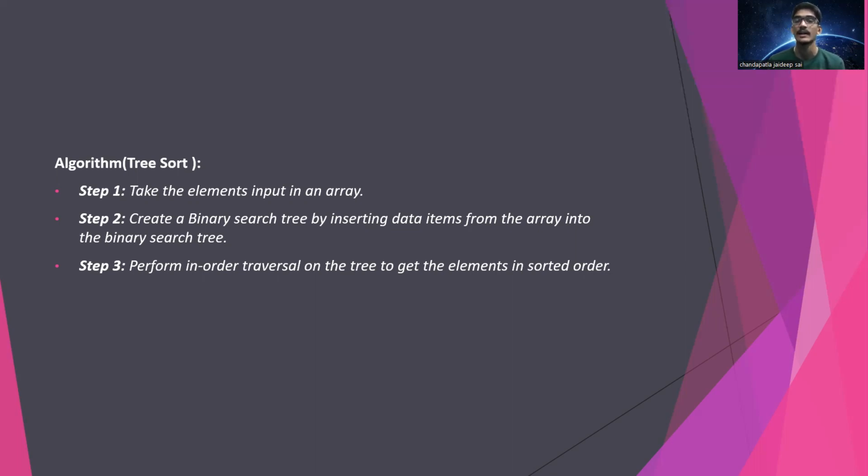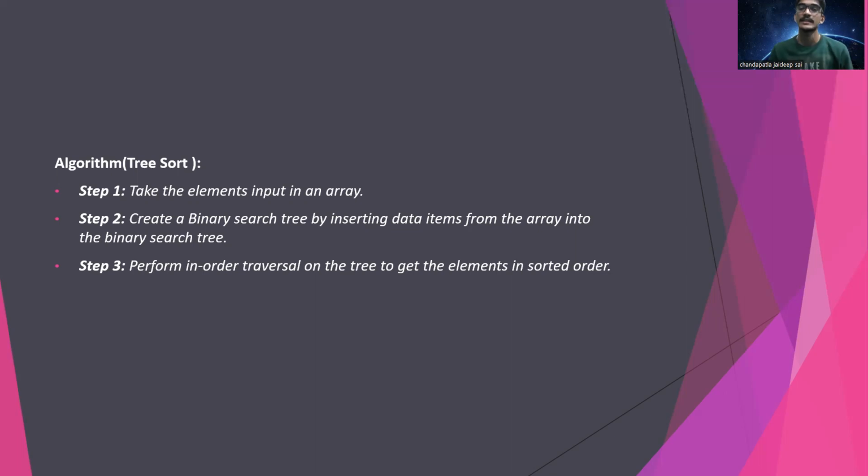After taking all the input elements in the form of an array, we create a binary search tree by inserting the elements of the array. At last, the third step is to perform in-order traversal on the tree to get the elements in sorted order.